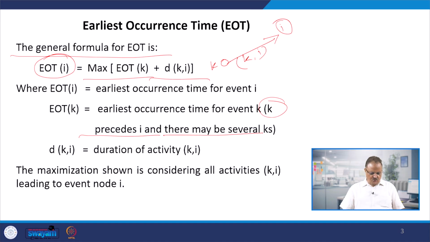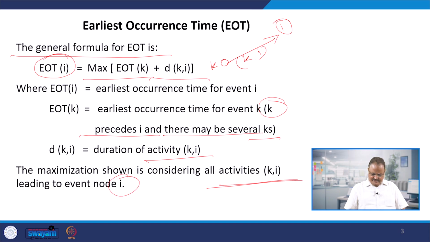So earliest occurrence time of the event K. K precedes I and there may be several Ks, right? DKI is basically the duration of activity KI, which I explained to you. And the maximization shown is considering all activities KI leading to the event.